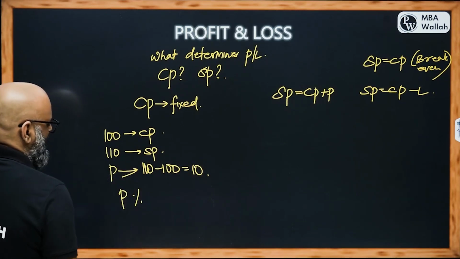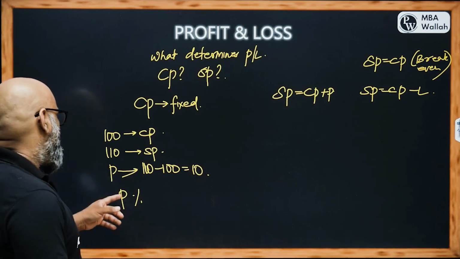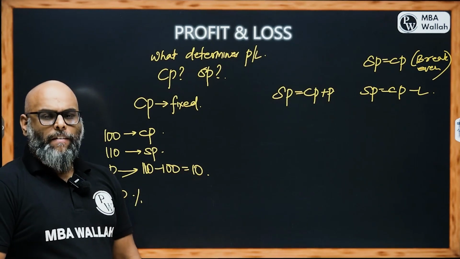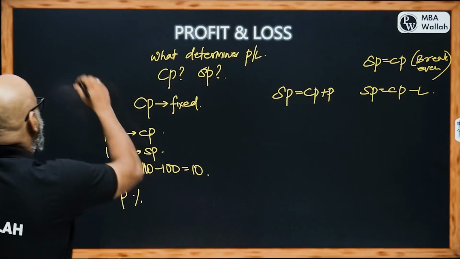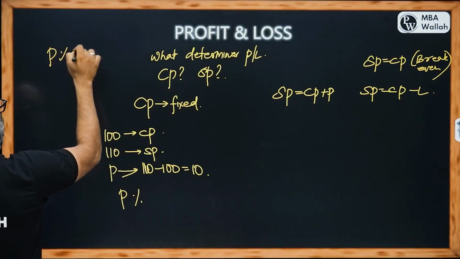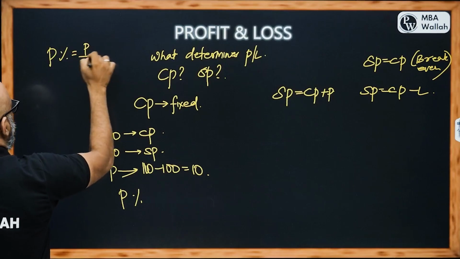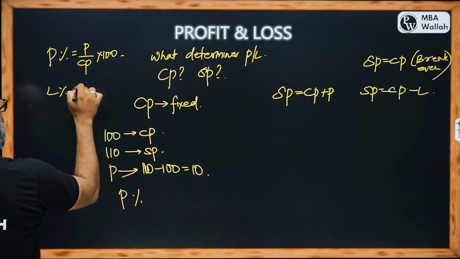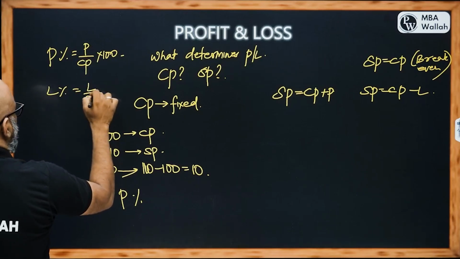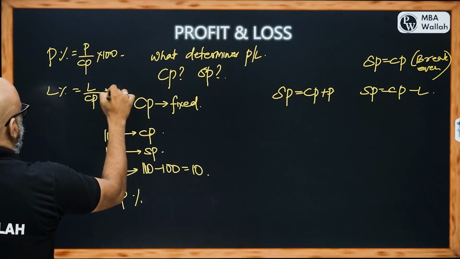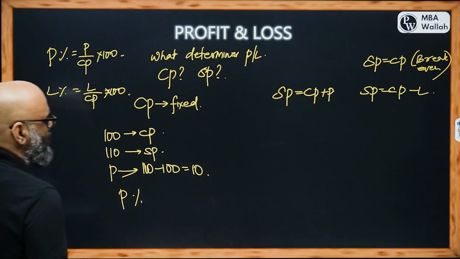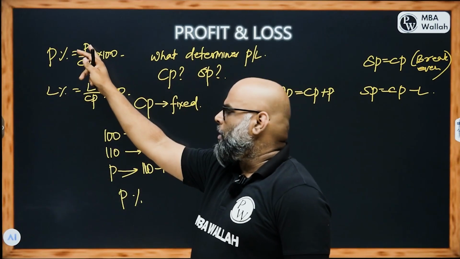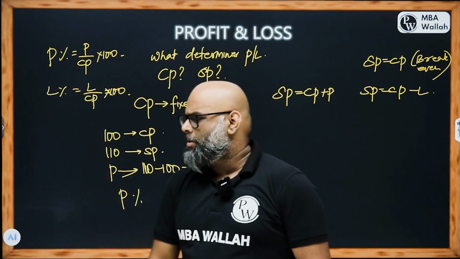What is profit percentage? Profit percentage is derived from the profit over cost price. So profit percentage is equal to profit by CP into 100. Loss percentage is loss by CP into 100. It will always be the difference between cost price and selling price divided by the cost price.